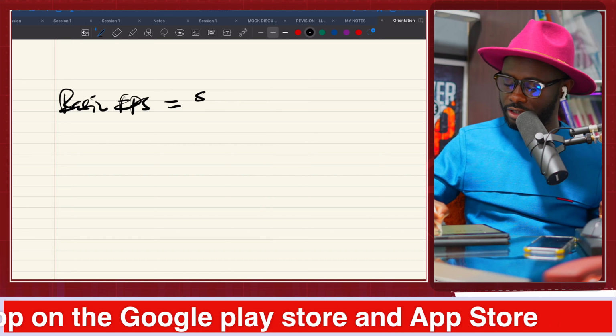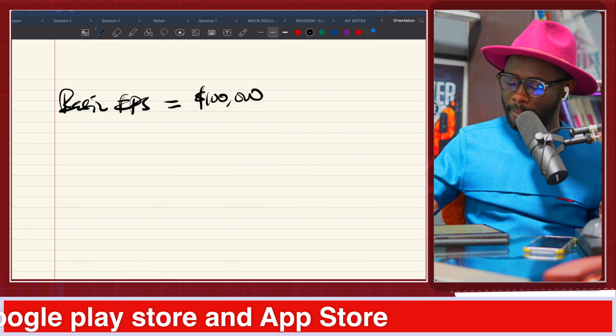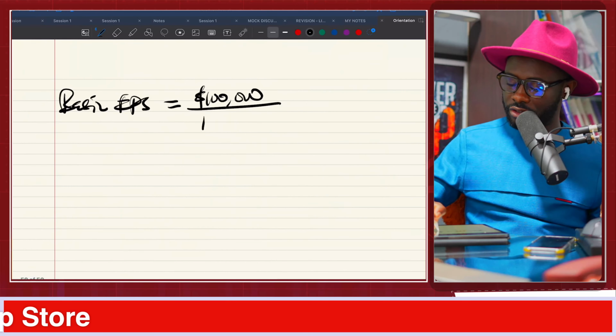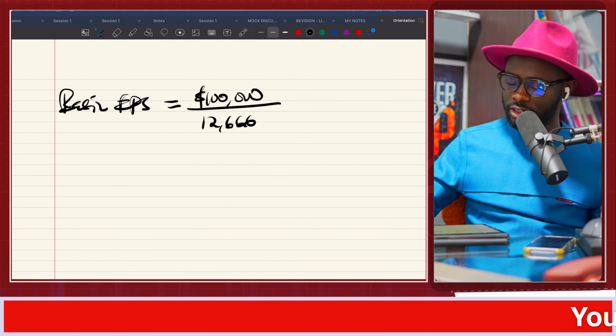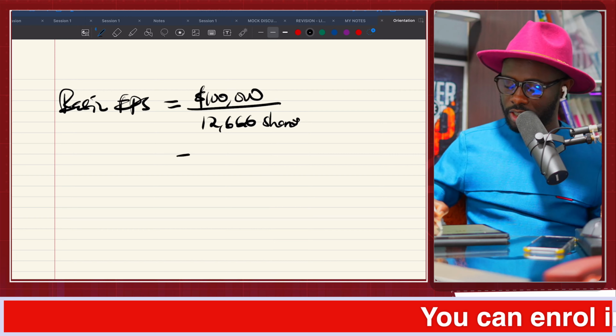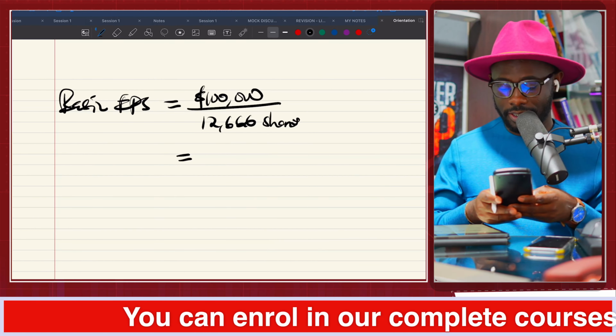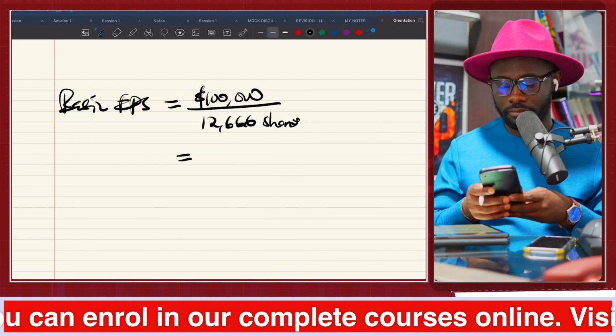So $100,000 divided by the weighted average number of equity shares, 12,666 shares. So we divide that, and that gives us the basic earnings per share.